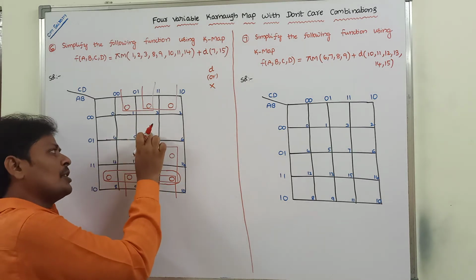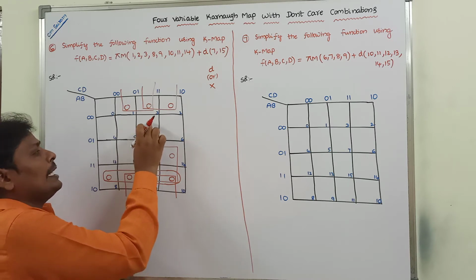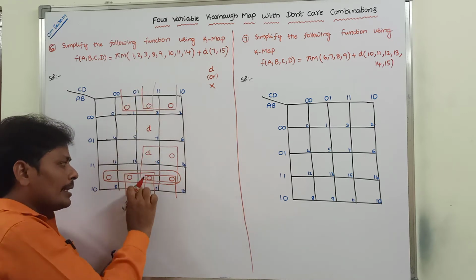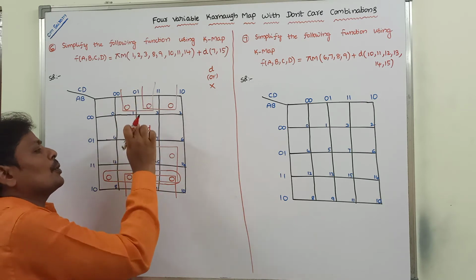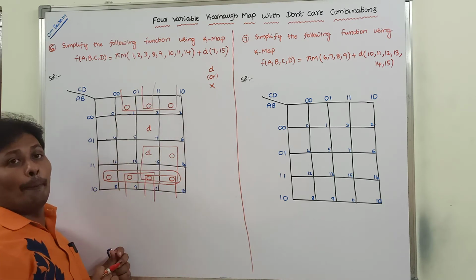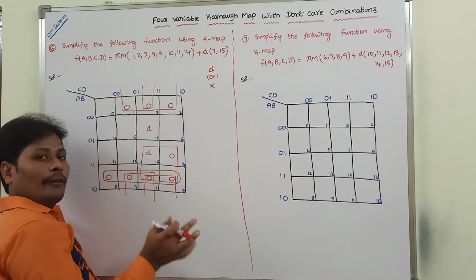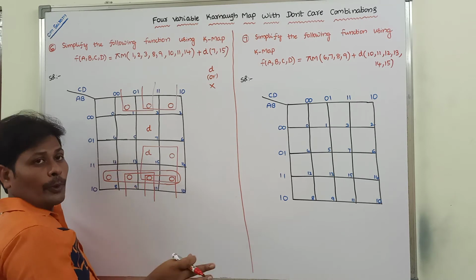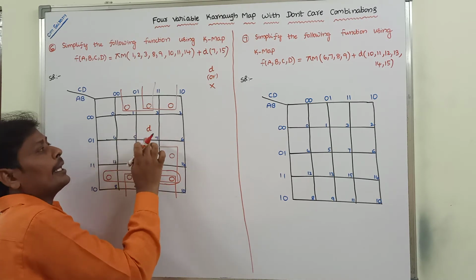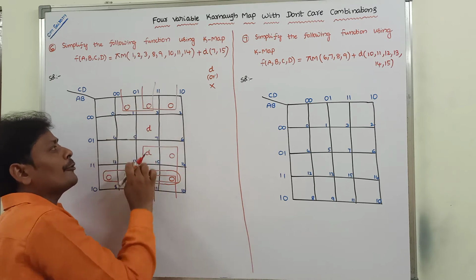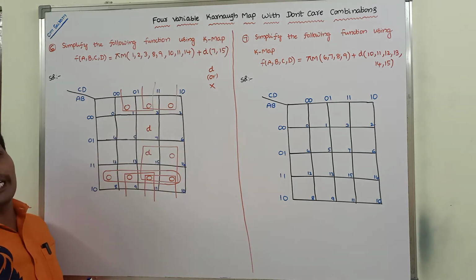Okay, so there is no necessity of covering only this don't care. Suppose there is a 0 in this place, only 0 is there, then it is required to form a quad of 0, 0, don't care, 0. But here 0 and 0 are already covered, and this don't care is also covered, so to cover only that don't care, it is not required to form a quad. Okay, this is the important point.